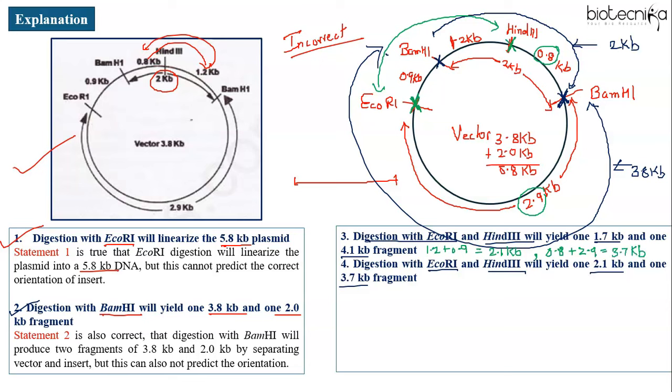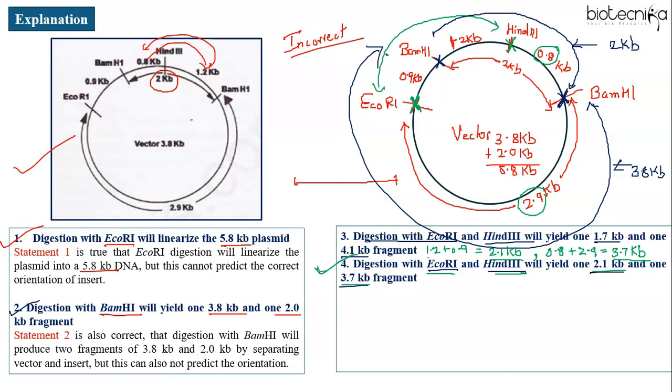So basically we are getting the fragments as given in option 4, right? If the insert is added in opposite orientation, on performing the digestion with EcoR1 and HindIII, these are contradictory statements, options 3 and 4. So we will be getting 2.1 kb and 3.7 kb and not 1.7 and 4.1.